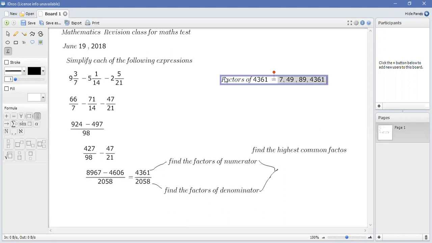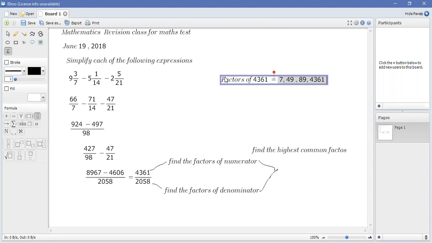All right, what about 2,058? You sure there's no more? Okay, 49.